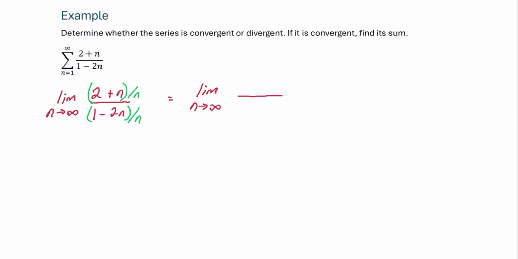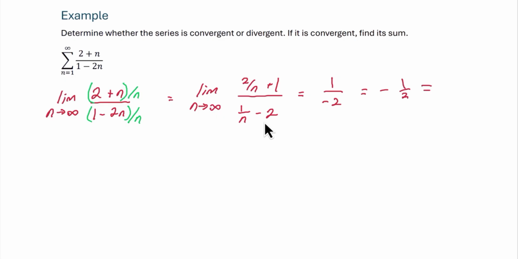In the numerator, we get 2 over n plus 1. In the denominator, we get 1 divided by n minus 2. And now evaluating the limit, this first fraction goes to 0, so we get 1 in the numerator. In the denominator, this fraction goes to 0, so we have 1 divided by negative 2, which is negative 1/2.